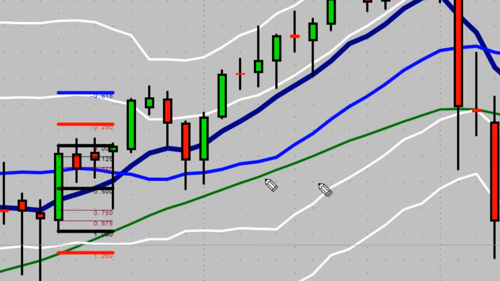If we look at this key bar, the first key bar in the rally, you can see selling off to the 75%, which is the buy zone of that key bar, and then shooting to the upside.